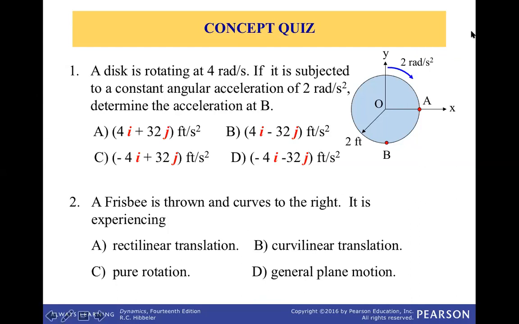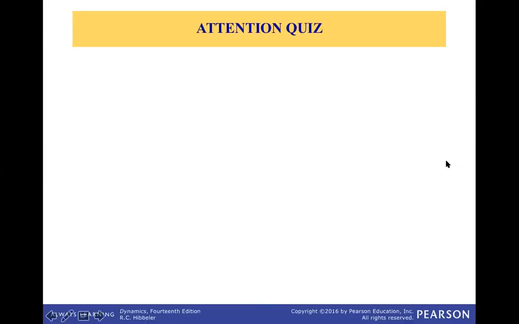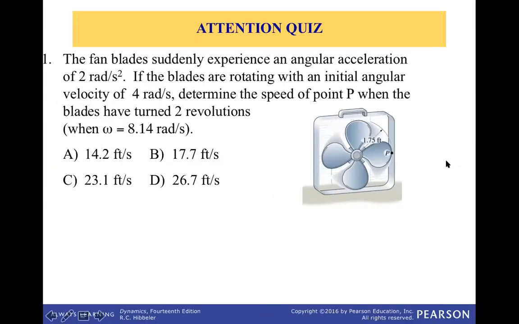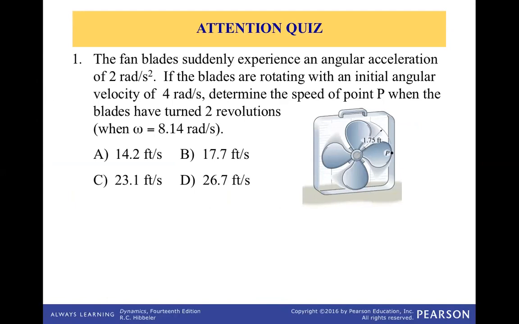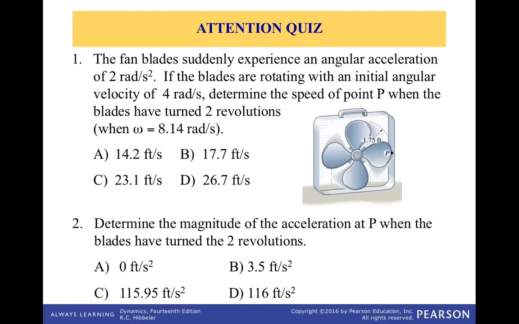All right. Close this up. Let's take a look at the attention quiz here. I don't think we'll have time for the breakout room, but let's take a look at these two together.